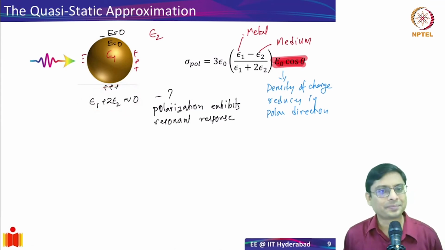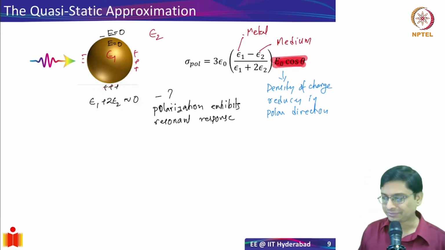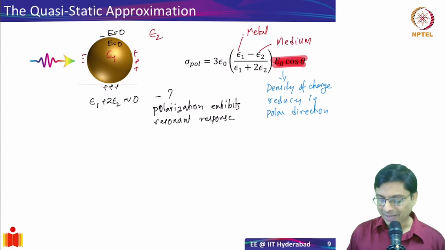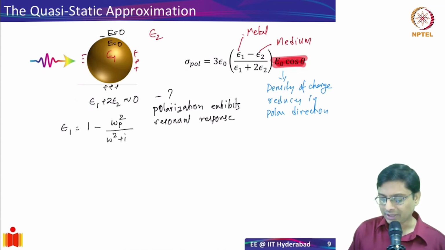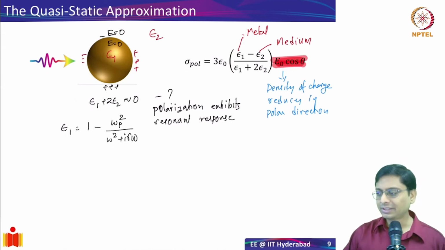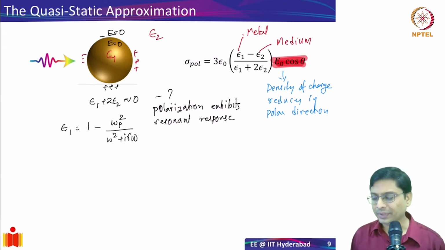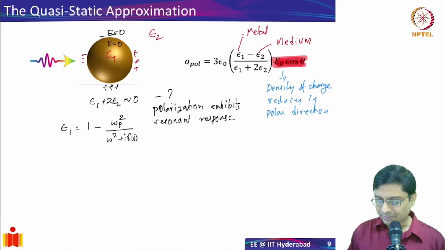How can this happen? Going back, we know that epsilon 1, if I consider a Drude metal, will be 1 minus omega p square by omega square plus i gamma omega. This is my permittivity. If I take an ideal metal, it will simply be 1 minus omega p square by omega square.